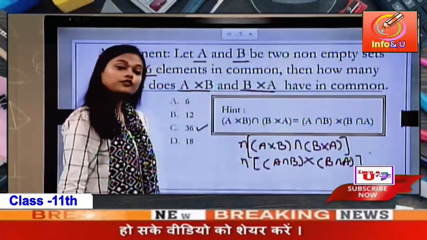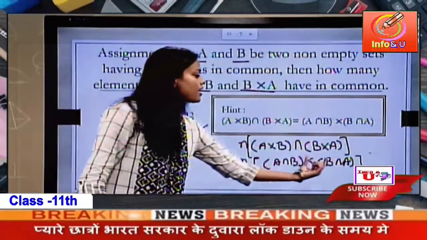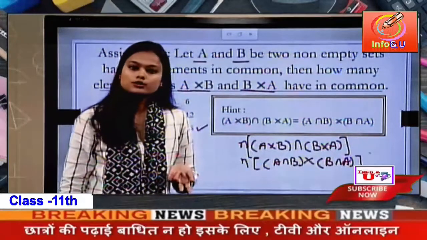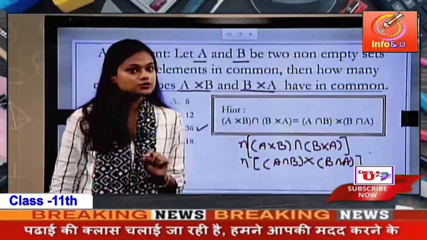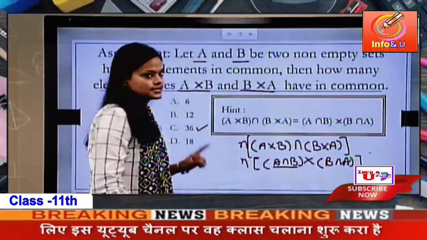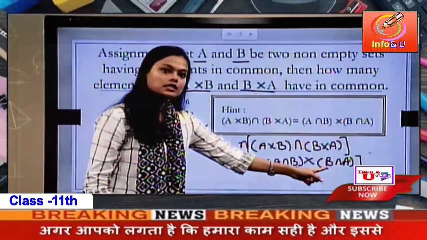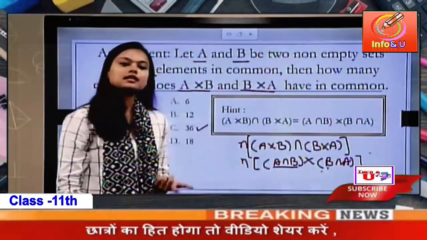Now, we already know that the number of elements in the Cartesian product of any two sets is equal to the product of the number of elements in individual sets. And how many elements in the intersection? 6 elements. It is already given to us. Again, B intersection A is also the same. How many elements in this? 6 elements.